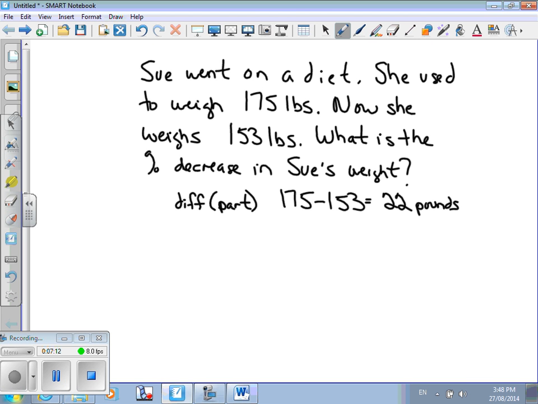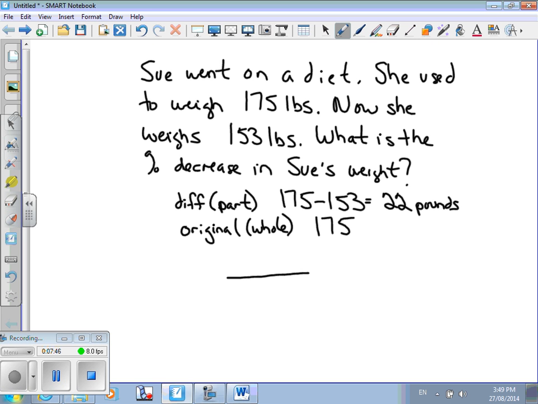Now that we've got the difference, we need to find the original in the question, and the original is going to be what we use as the whole. Her weight was originally 175. So don't think about it as which is lower or which is higher. Ask yourself, what was it before the change took place? And in this case, it was 175.